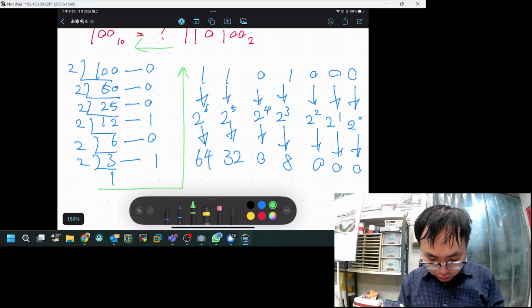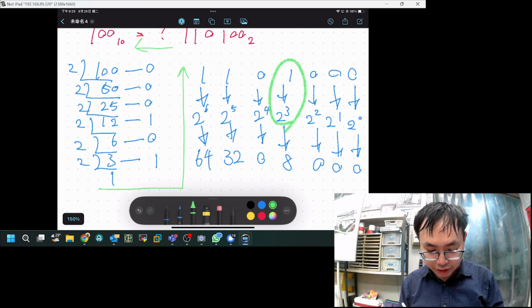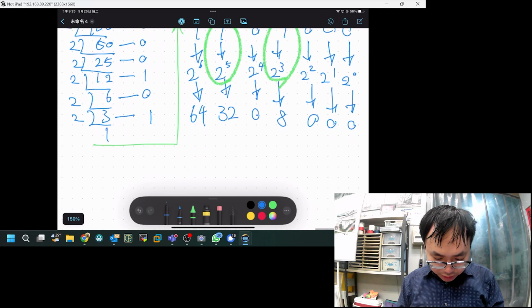This one, 1 multiplied by 2 to the power 2 is 4. 1 multiplied by 2 to the power 5 is 32. And 64.